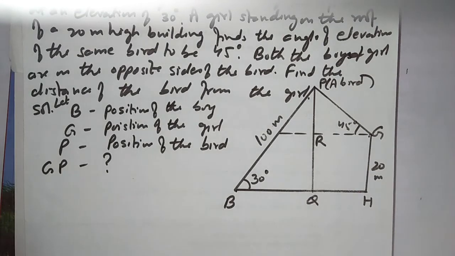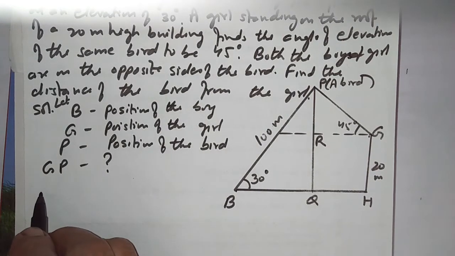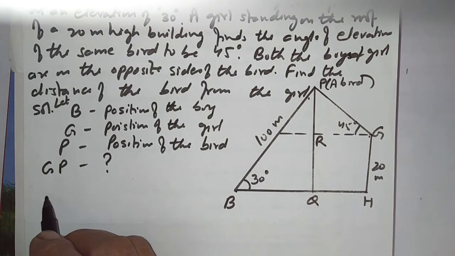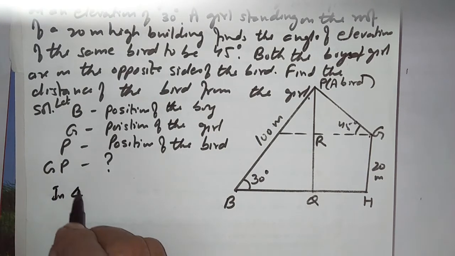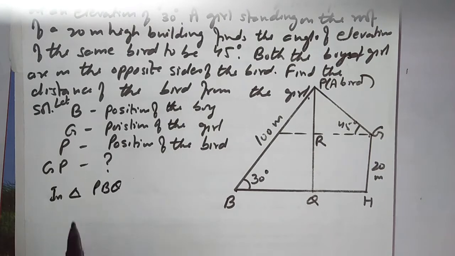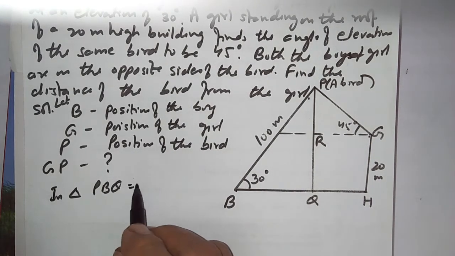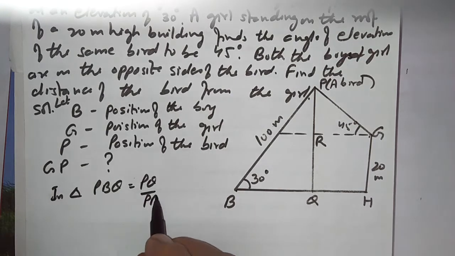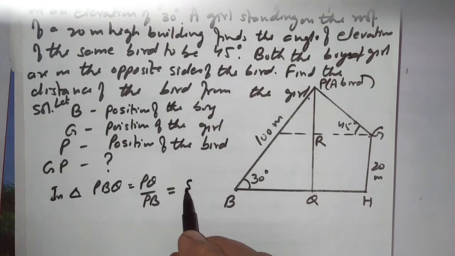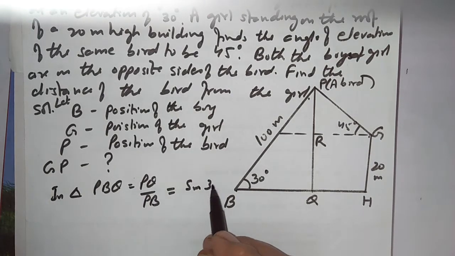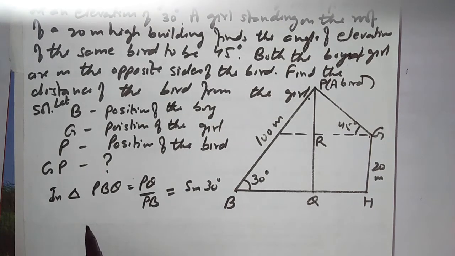Now, you can take triangle PBQ. In triangle PBQ, PQ upon PB will be sin 30. So sin 30 is 1 upon 2.